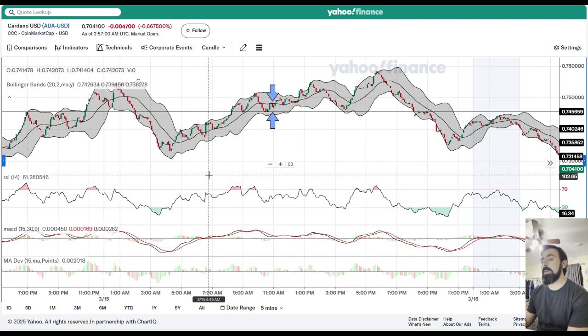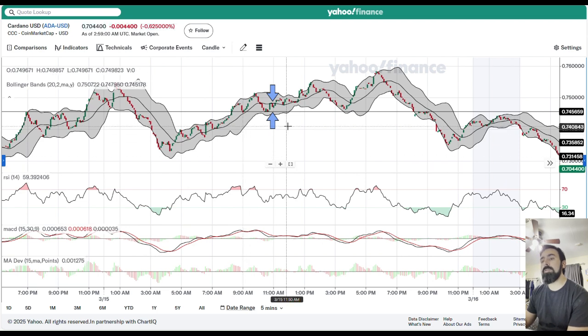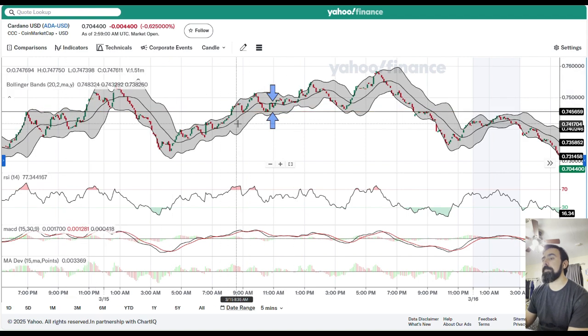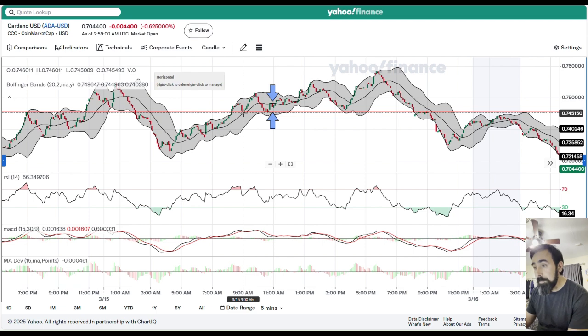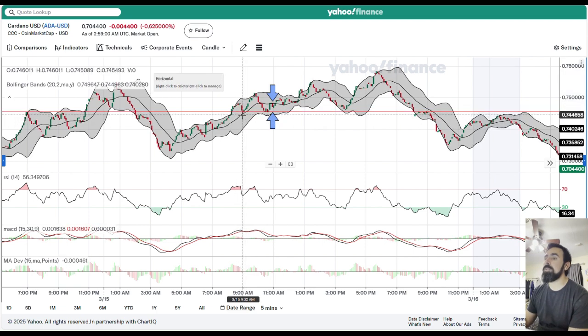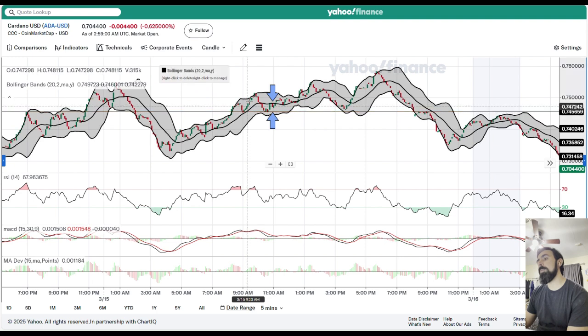So let's come to 9 o'clock. This is probably where I started watching. Drew a little support line here that goes back to the previous night. Seemed to have caught support not only there, but also on the 20 moving average of the Bollinger Band. So keeping my eye on it.